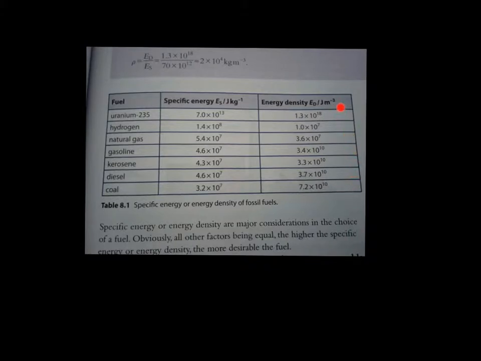There's a difference of 10 to the 8. That's 100 million times more than coal. That's why we use uranium, because uranium has huge energy density, which means that we can extract vast amounts of energy from a very, very small piece of material. Of course, there's other problems, but it is just so vastly more energetic than anything else that it makes it very hard to avoid.